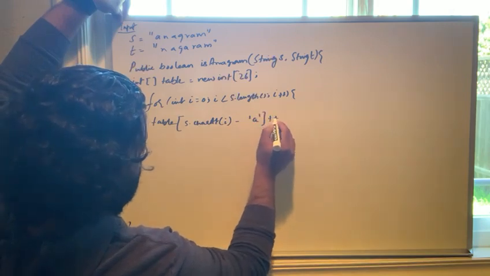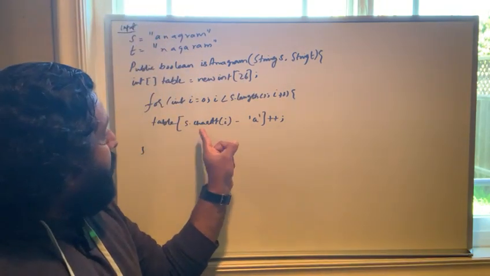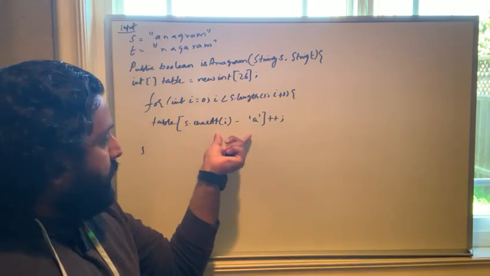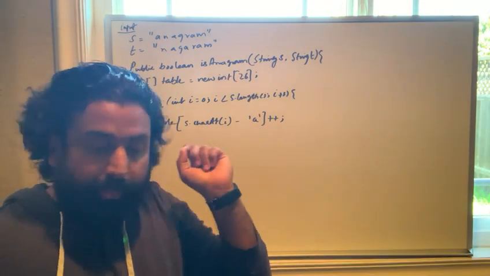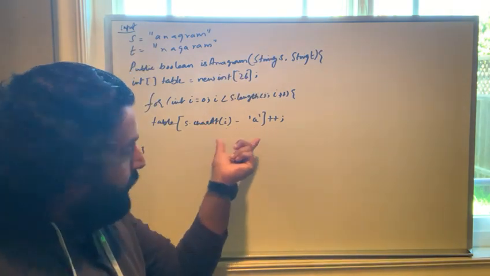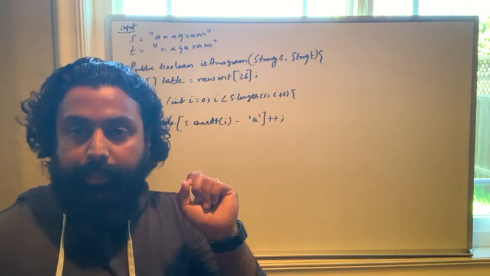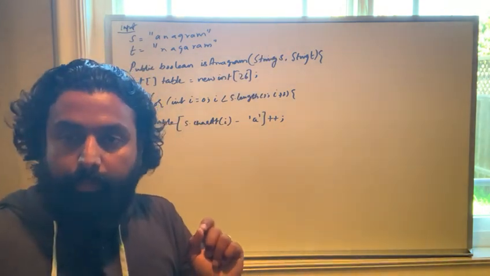We're going to increment it. So when I take a minus a, I'm incrementing the index at the 0th position to 1. That means the difference between the ASCII values of a and a will give me 0. So that's the first letter in the English alphabet, A, and it will be at the first index, that is 0.